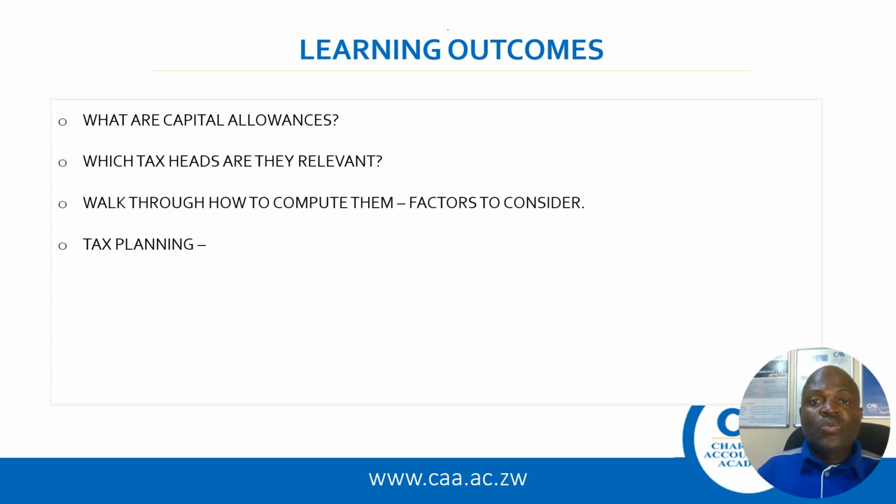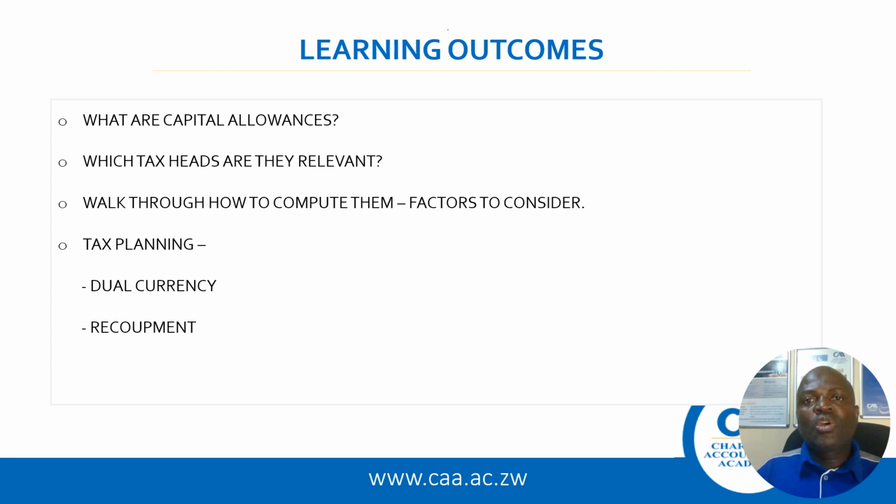We would like to look at the tax planning issues to do with dual currency, which is something unique to Zimbabwe, as we use Zimbabwean dollars and United States dollars in a dual currency arrangement, and what are the tax implications, especially for computing the capital allowances. We would like to connect the capital allowances to the recoupment we discussed earlier in another video.